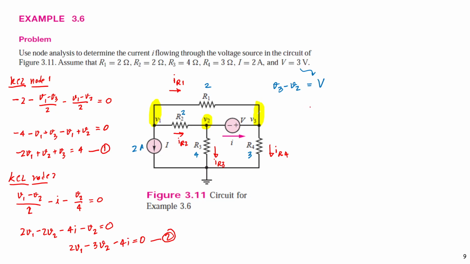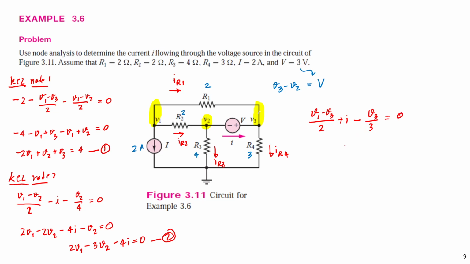Node 3. IR1 is V1 minus V3 divided by 2 plus I minus V3 divided by 3 equal to 0.